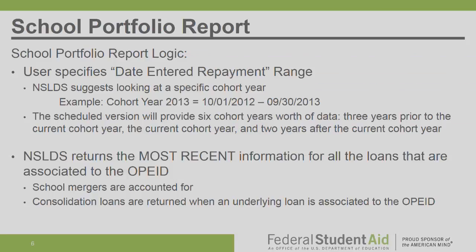So you can begin to see, did the borrower consolidate and then begin to go delinquent? Well, those underlying loans aren't going delinquent, but if the borrower reaches default on his or her consolidation loan, that's going to impact your cohort default rate. So we do include that logic and account for that in the report and the data we're giving back to you.